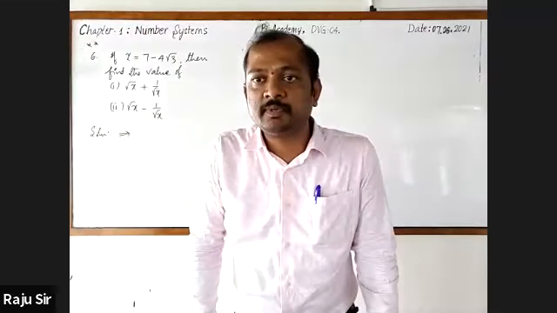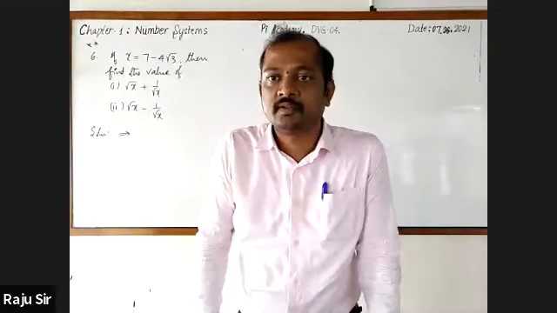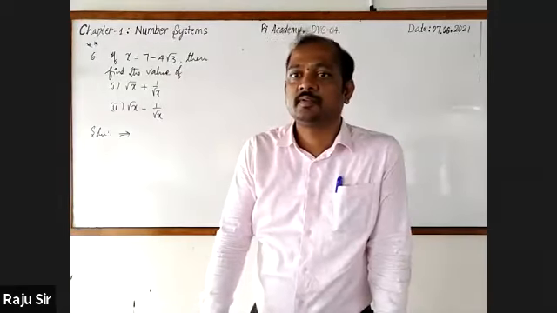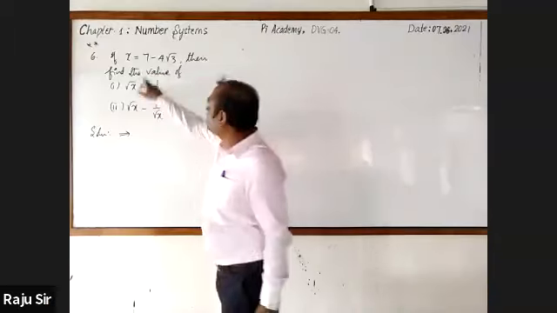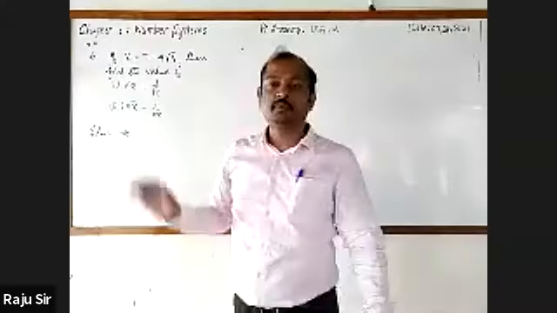Sir, as we did in the earlier questions, we have to do like this, but the difference is the root. We have root for x. If you go for applying root, is it possible to simplify? Sir, we should find the value of the root.